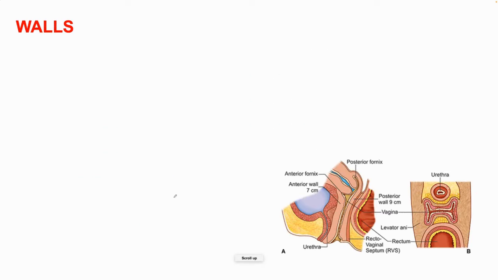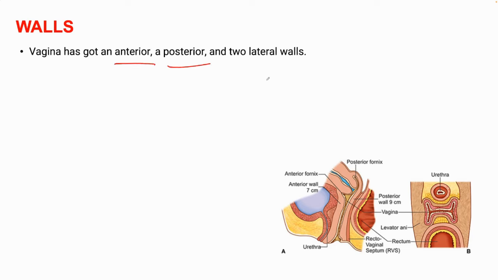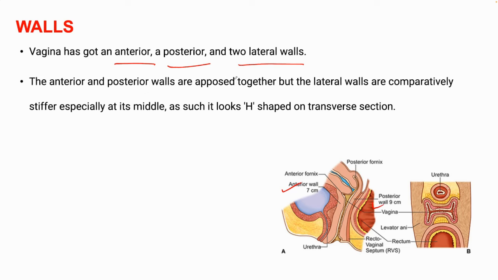Now if we talk about the walls of the vagina, it has anterior, posterior and 2 lateral walls. You can see in the figure, this is the anterior wall, this is the posterior wall. The anterior and posterior walls are opposed together, and are comparatively stiffer, especially in the middle, so it looks H-shaped on transverse section.